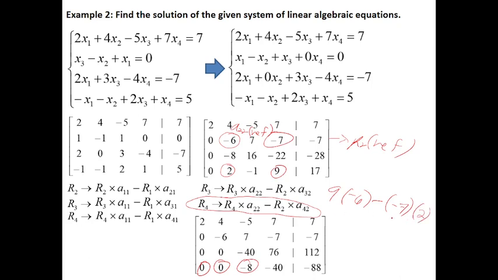Negative 54 plus 14. Ayun, negative 40. No? Then, 17 times negative 6 minus negative 7 times 2. Pakikalki mo. Negative 88 po. Ayun. Any question?